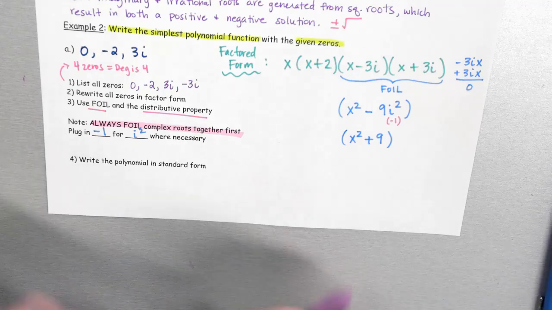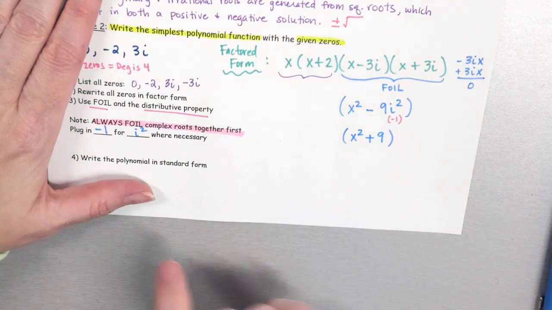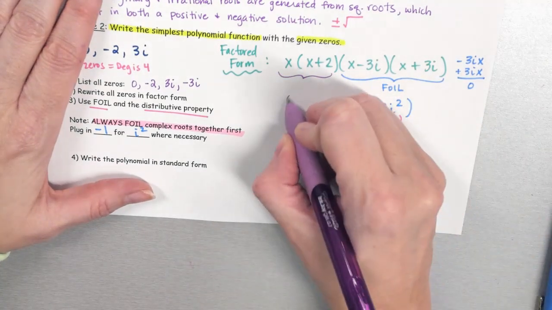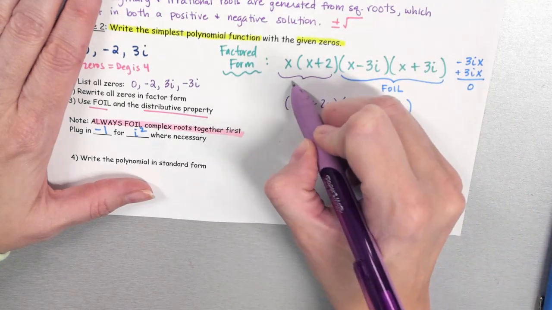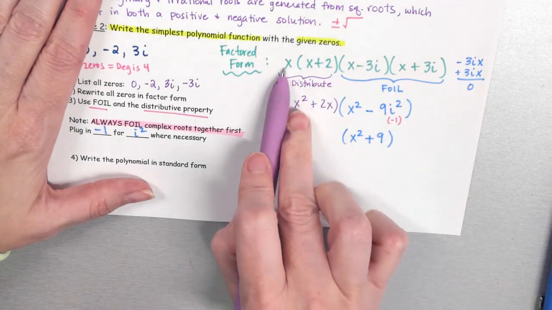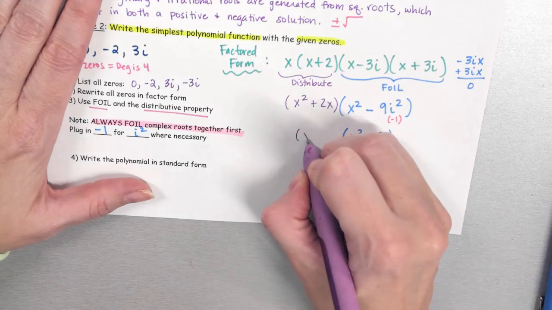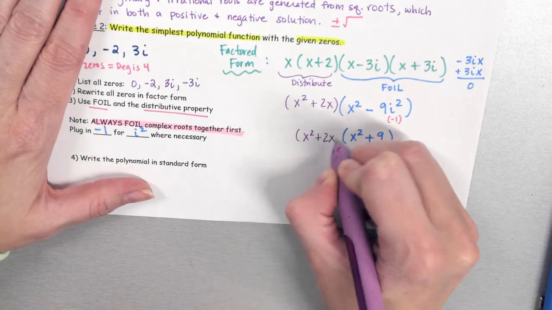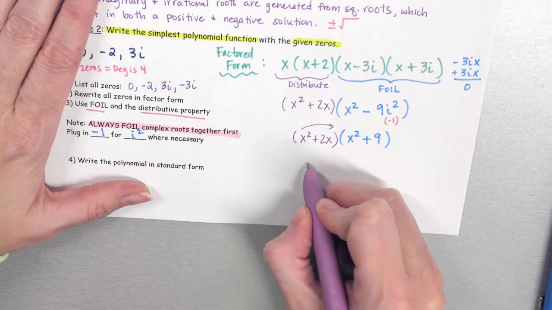All right, and then we are also going to distribute here. So we're going to distribute x to x plus 2. That's going to give you x squared plus 2x. So x times x is x squared, x times 2 is 2x, and then we're just going to bring this down so we can multiply those together. So we're going to distribute x squared.